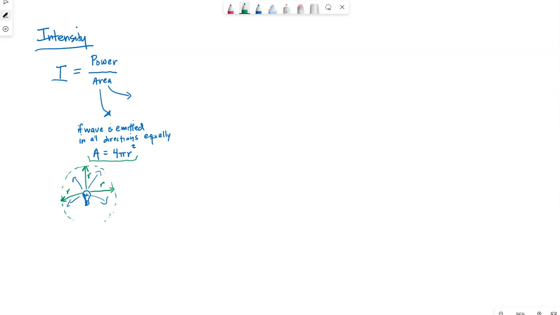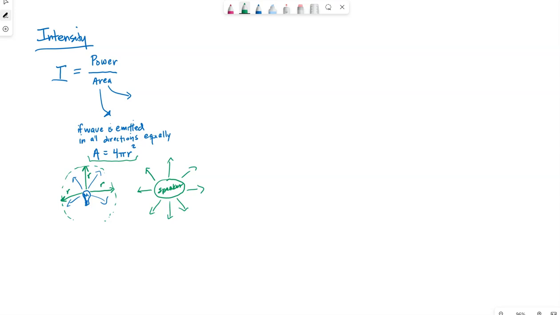Another example would be a speaker, a sound speaker. So if we're at a concert, the sound is going to be emitted in all directions. It's not perfectly equal in all directions, but we will go ahead and assume it to be, just for our intents and purposes right now.